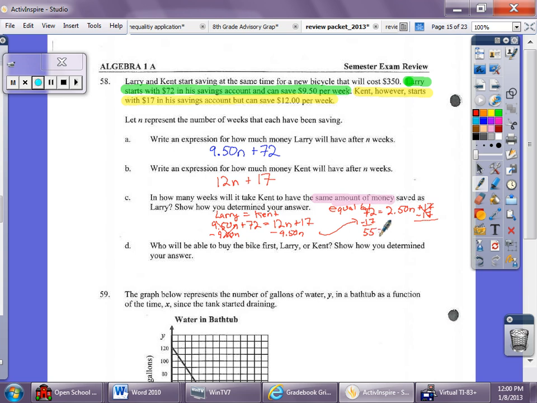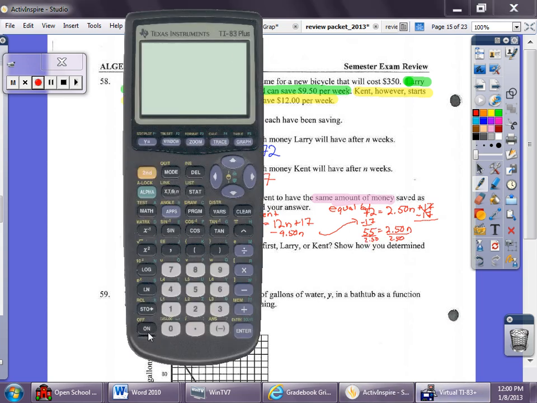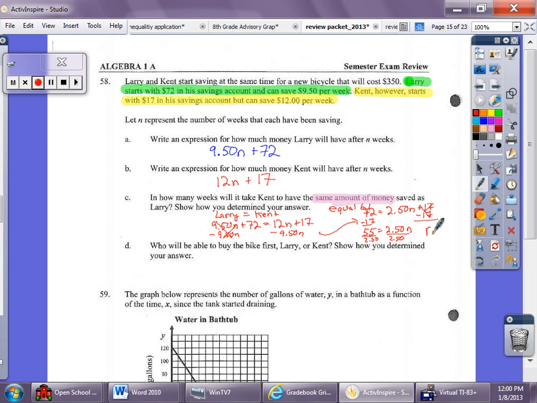That will be 55 equals 2.50n, and we divide by 2.50. 55 divided by 2.50 will give us 22. So n equals 22. After 22 weeks, they will have the same amount of money.